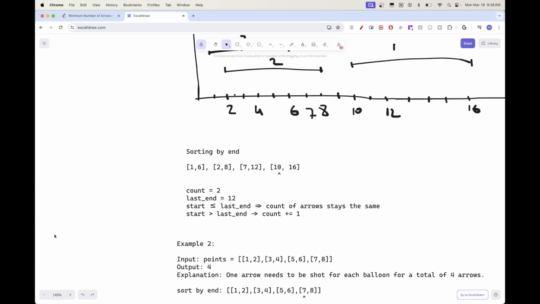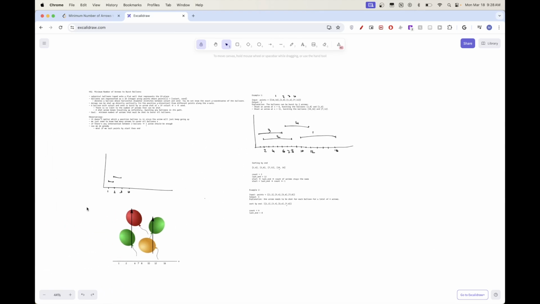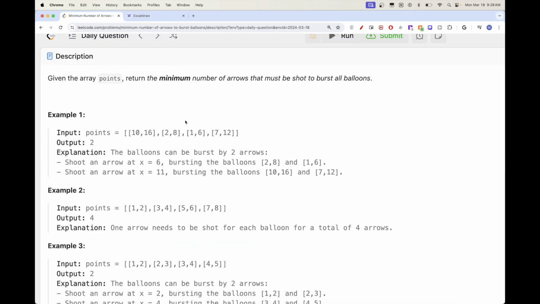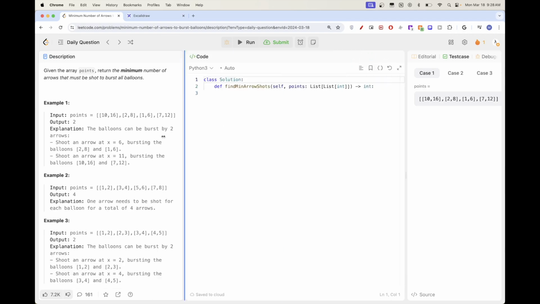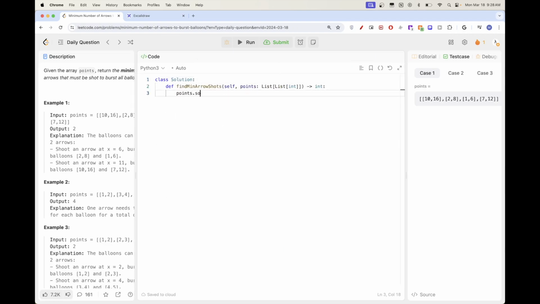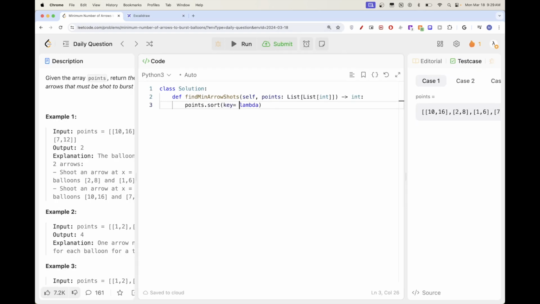And so let's just implement it and make sure it passes. So this is a greedy sorting approach. Let's do it. So first we need to sort our points by the ending position. Okay, so let's have a key here, lambda x: x[1]. And then we said initially we have count and we need the last end.